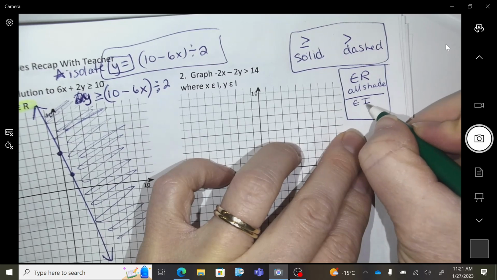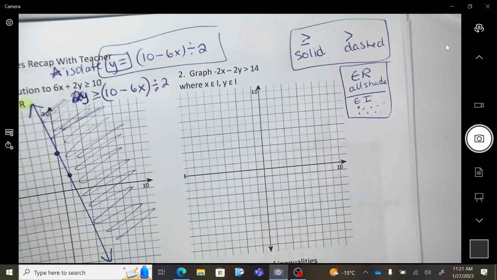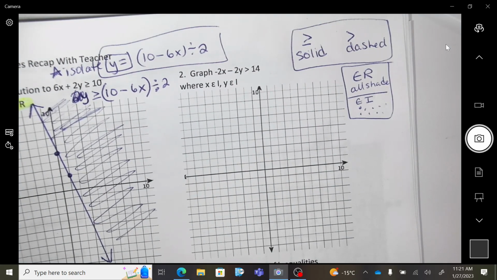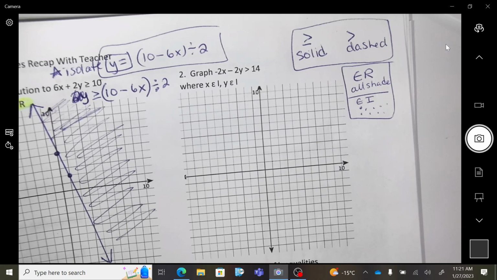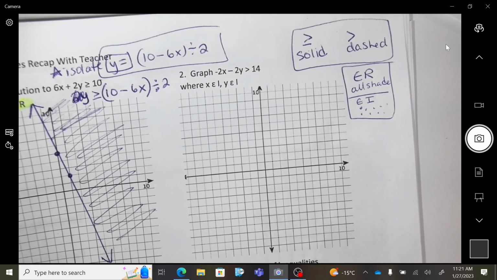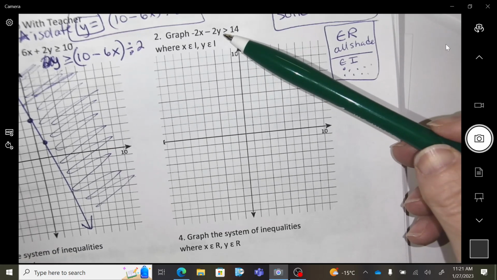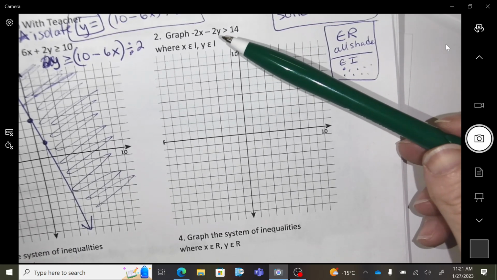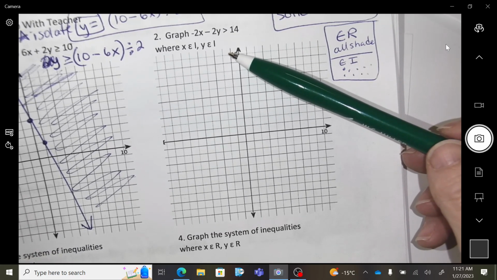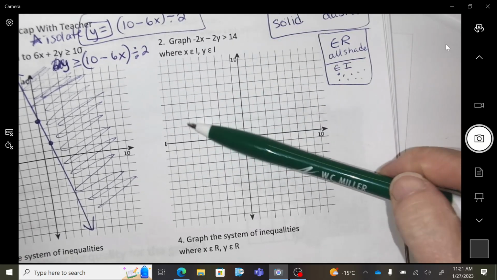And then any integer number, I need to put some dots, right? Okay, can we just put this example straight onto our cheat sheet? Are you guys okay? I want this example. Let's just put it right on our cheat sheet as an example.